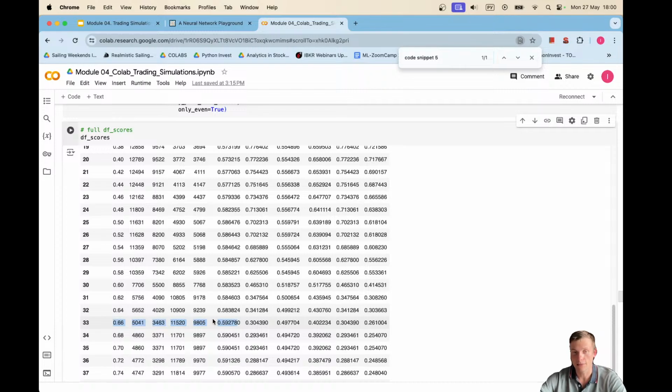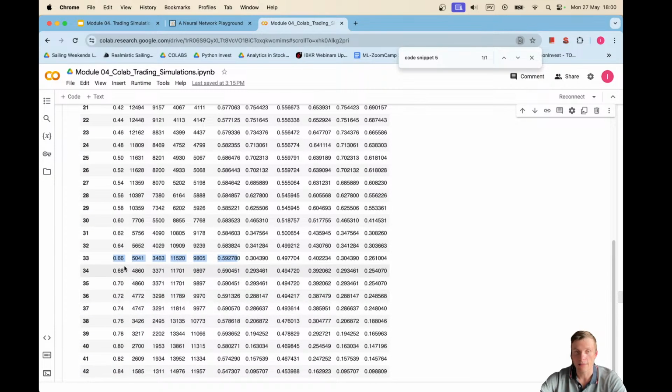To add more intuition: if you have fewer trades, you pay fewer fees, and if you bet on more profitable trades, each individual trade on average will deliver you better results.